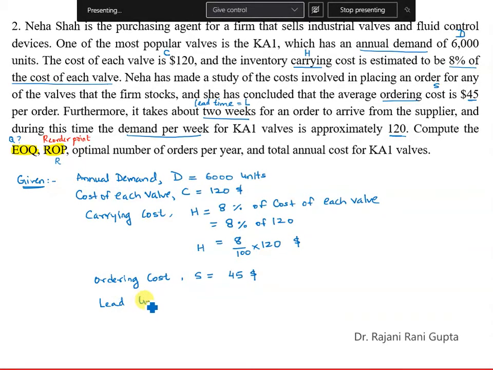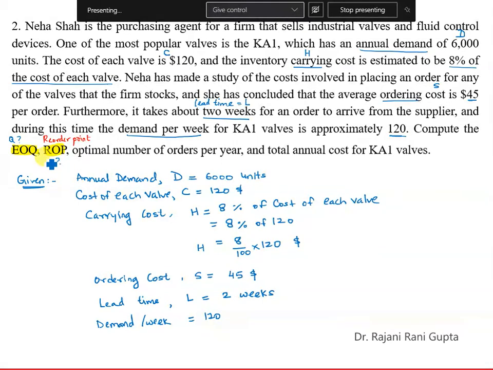Lead time, which we denote by L, is 2 weeks. What else is given? During this time, the demand per week is 120.